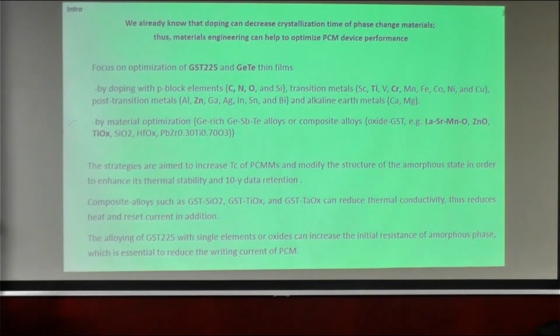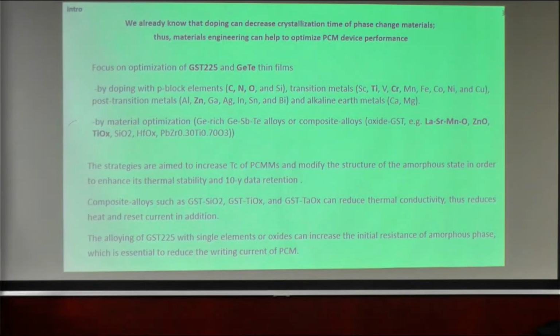Also, it's advantageous to have a high resistive crystalline phase, because then that will also reduce the reset current. These are just considerations, ideas, on what you can improve with these doping elements.